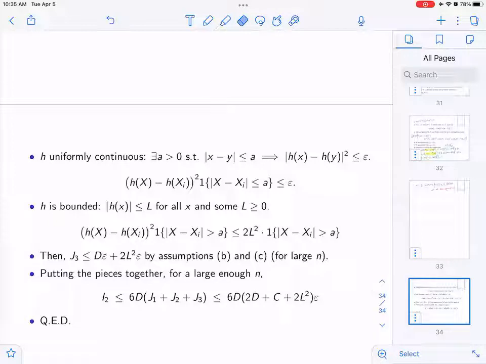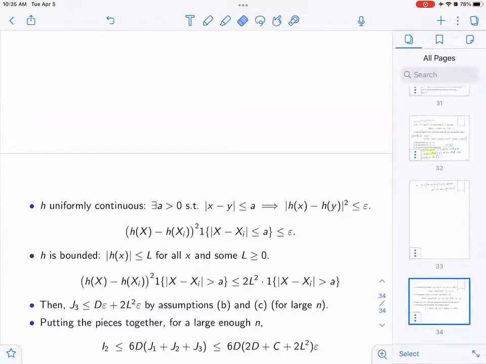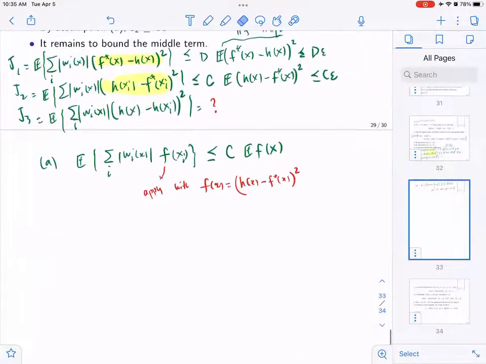So if I want to look at this times this indicator, that's the opposite of this. So this is either 0, or when it is 1, I'm just going to bound this by 2 times L squared, because you can see that this is like triangle inequality, twice this squared plus this squared, 2L times this. Okay, so boundedness gives me that. So what do we want to control? We want to control this.